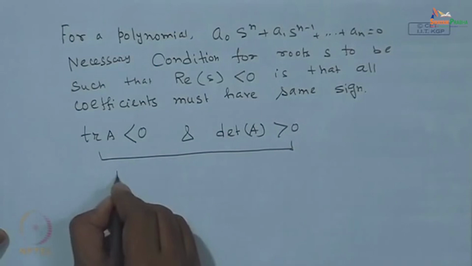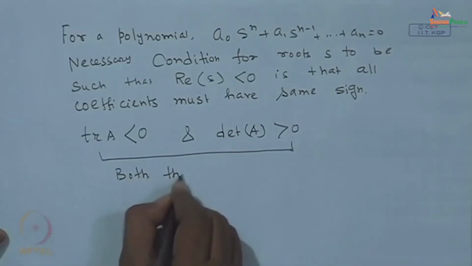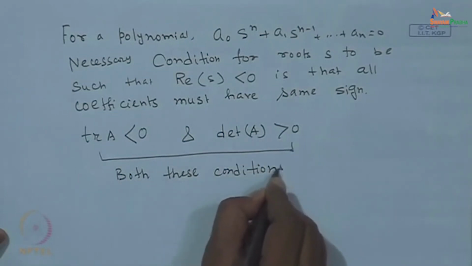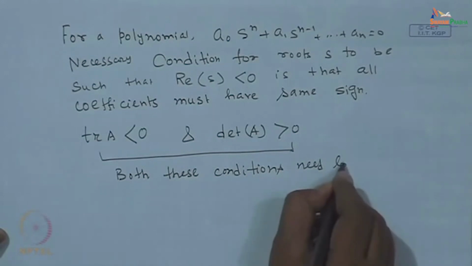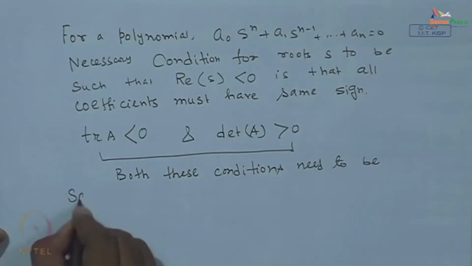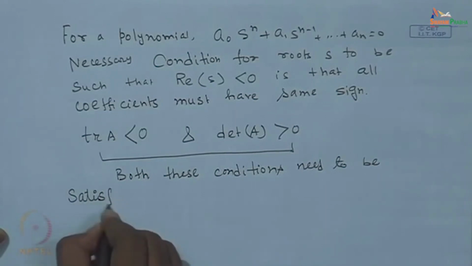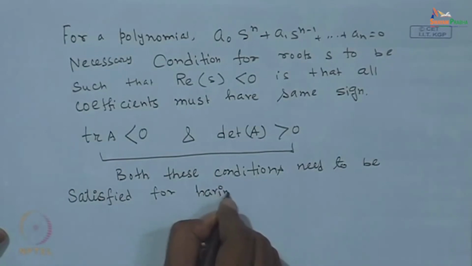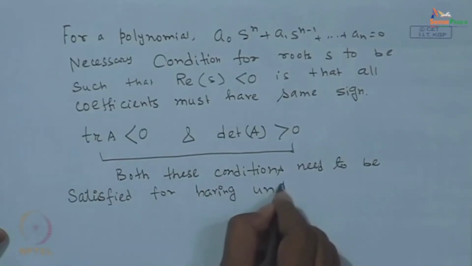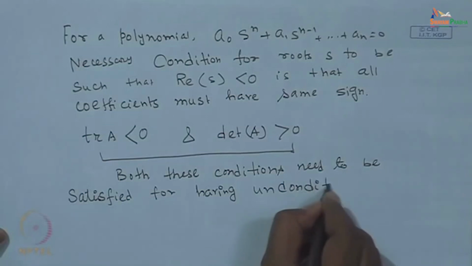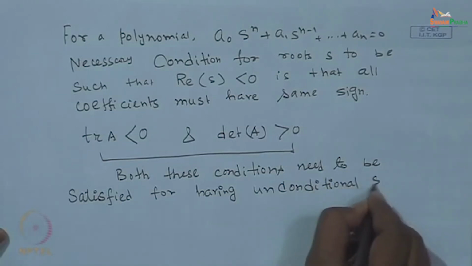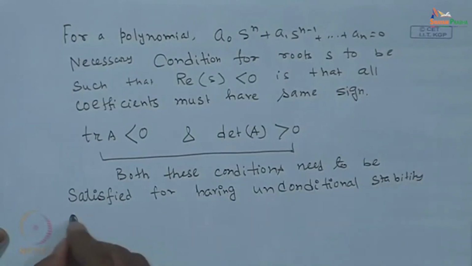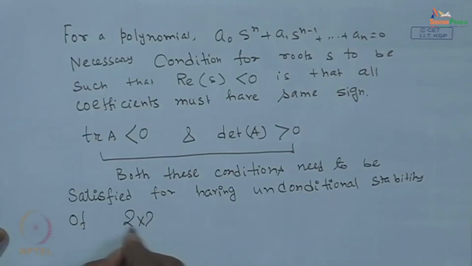Both these conditions need to be satisfied for having unconditional stability of a two-dimensional system.